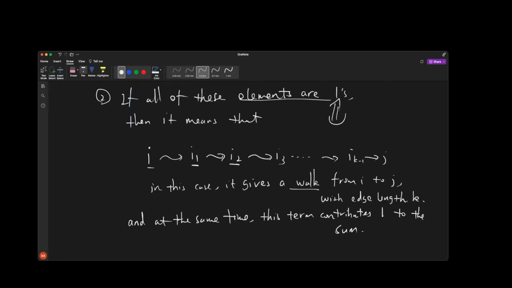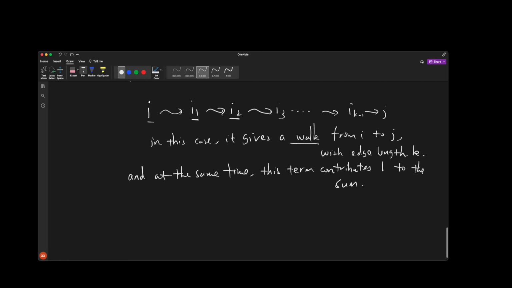Okay, so I think this is pretty clear now. So we have studied all the cases when the term contributes 1 to the sum. We are counting 1 when we see exactly a walk from i to j with edge length k.